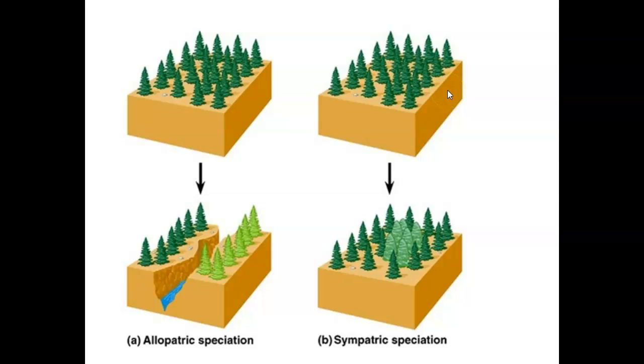Over here, sympatric, they're in the same location, and that could often be through polyploidy. Something happens, and instead of 2 sets of chromosomes, you get 4 sets. And now 2 different kinds in the same location, not able to breed with each other.